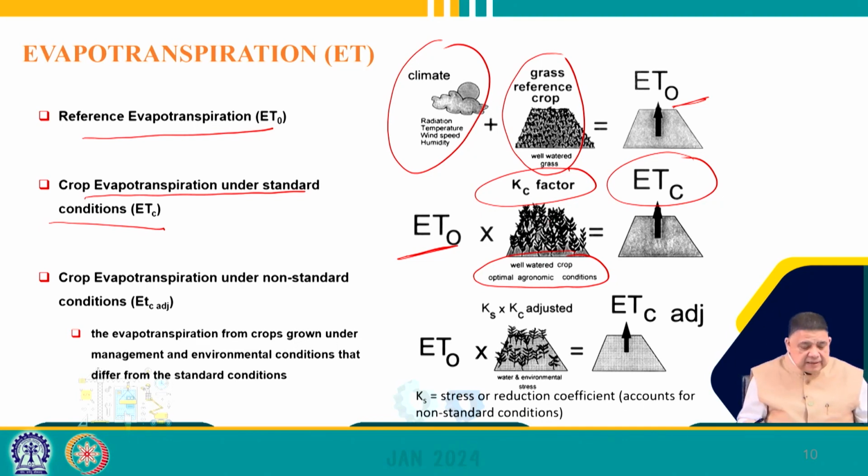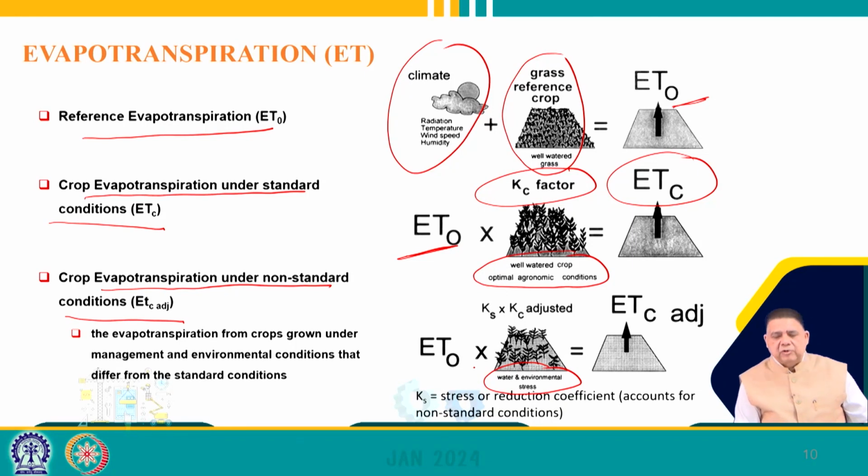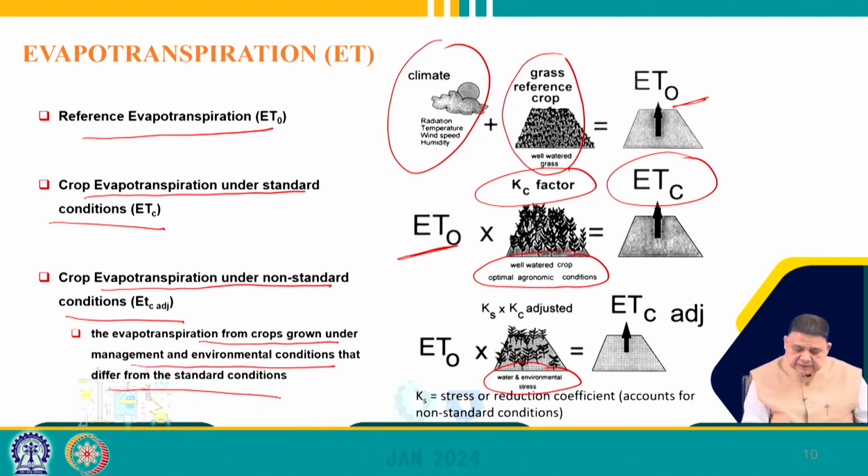Then another term which comes up is crop evapotranspiration under non-standard conditions. We saw that a crop could be grown under well watered, optimal agronomic conditions, but in natural conditions it may be slightly different, there could be water and environmental stress, and in that case the evapotranspiration of crops grown under management and environmental conditions that differ from standard conditions, we call that ETc adjusted.